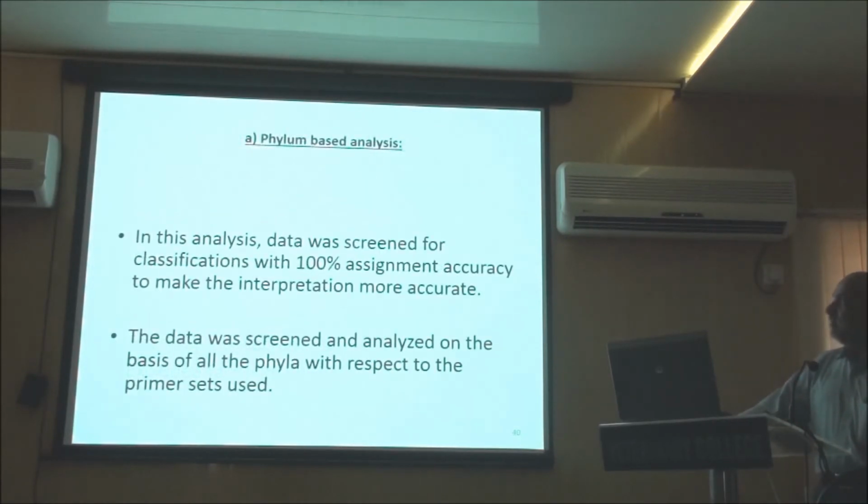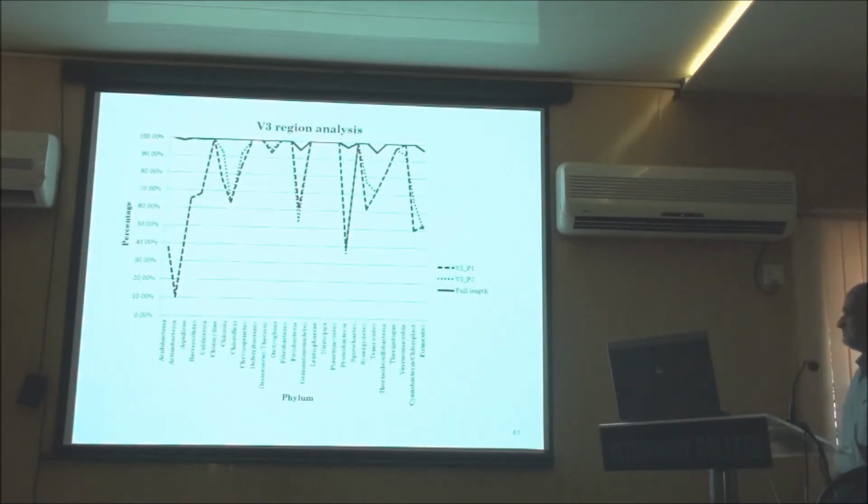So when we look at the phylum level assignments, we find that it performs well on, at the topmost, the full length sequences. So full length of course does well, but the V3 region, for certain taxa it fails short.